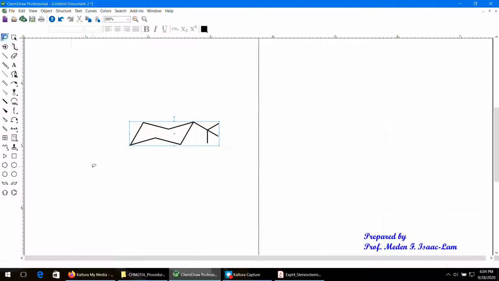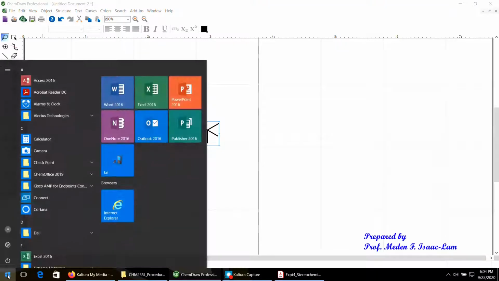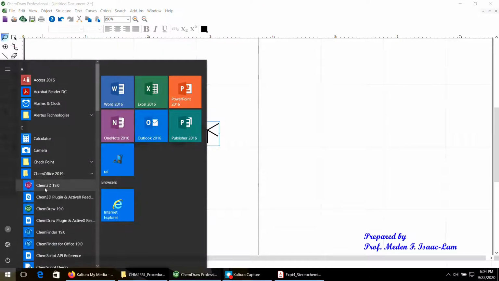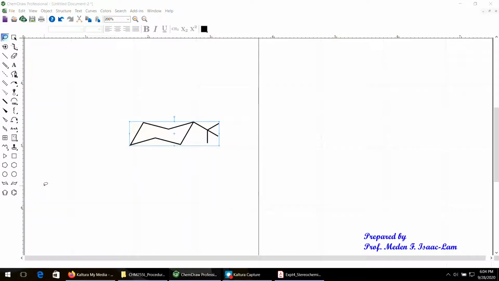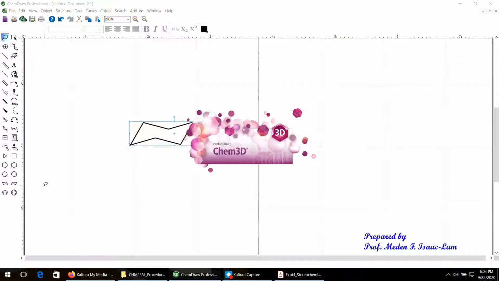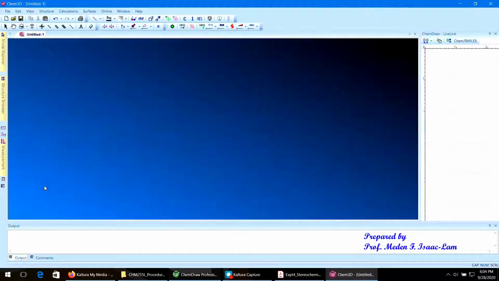And then I'm now going to open Chem 3D Bio or Chem Bio 3D. I go back and then I click on the software and it will open up the other software. It's called Chem 3D or Chem 3D Ultra. So now I have a blue screen.